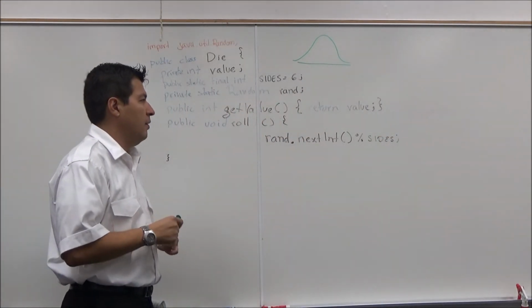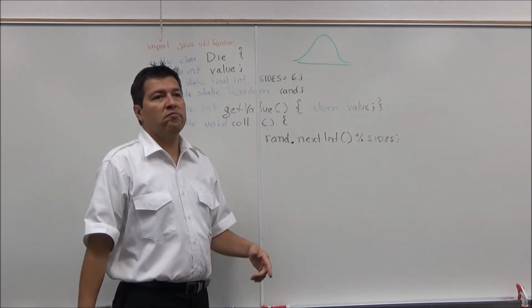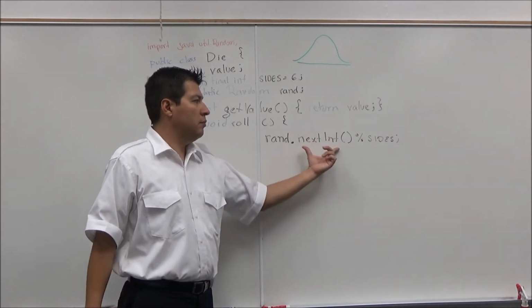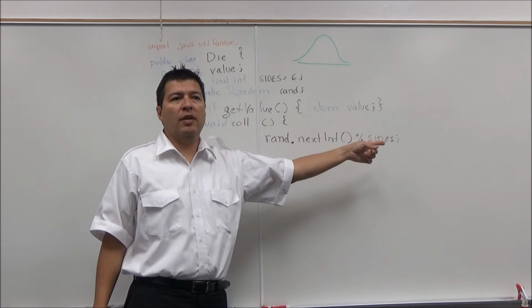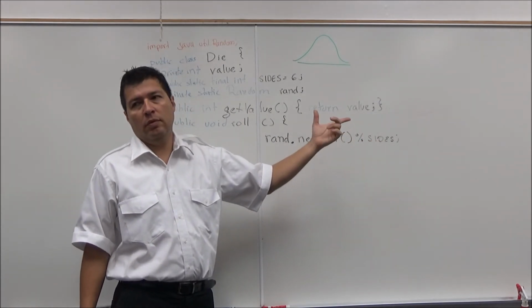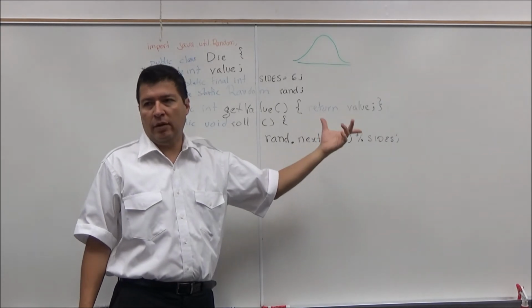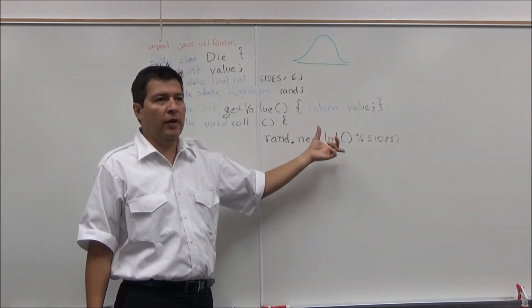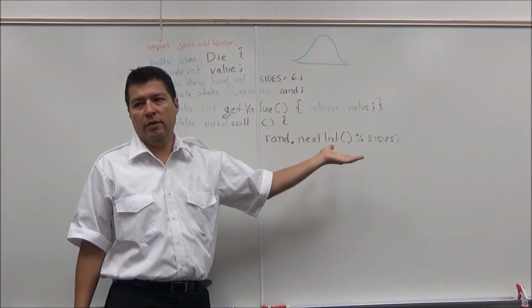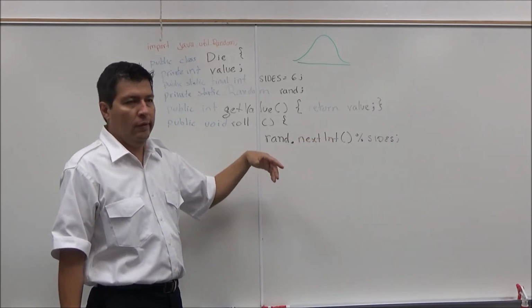So let's say it comes up with the number 30, modular division 6. What will be the result? Modular division is the remainder. So if I got 30 divided by 6, what's my remainder? 0, right? So I'll return 0.